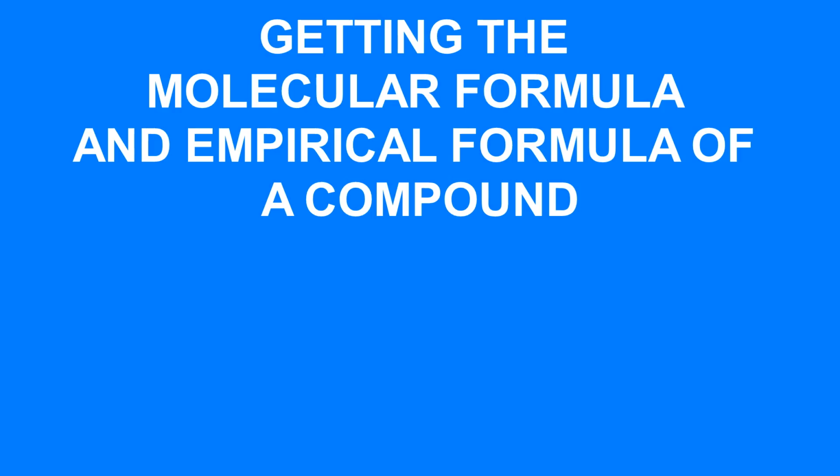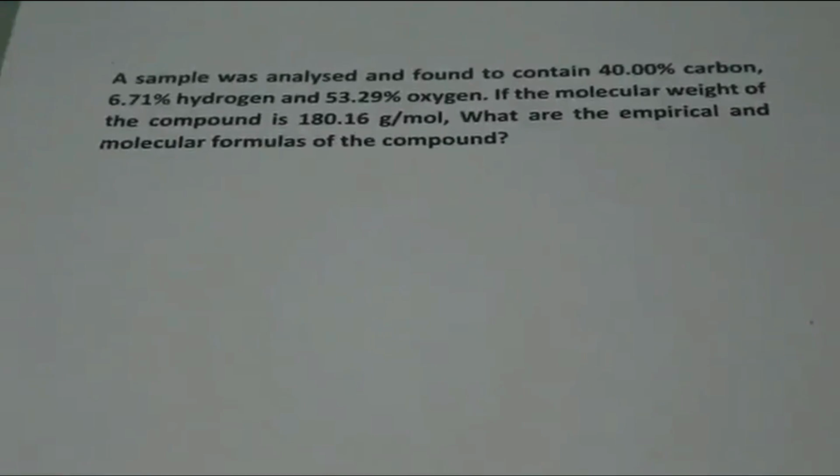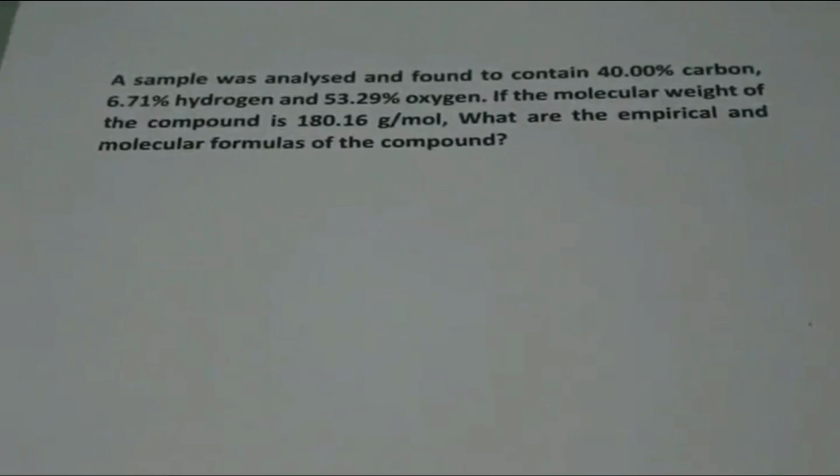Thank you. And now we are going to give another example where we are going to find the molecular and empirical formula of a compound, by Mr. Demelites. A sample was analyzed and found to contain 40% carbon, 6.71% hydrogen, and 53.29% oxygen.